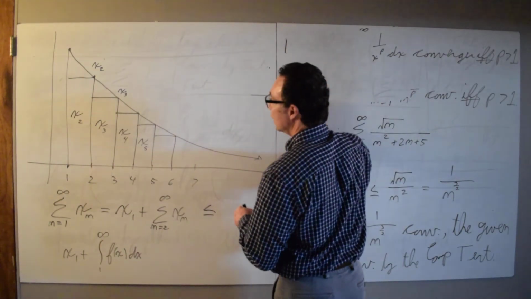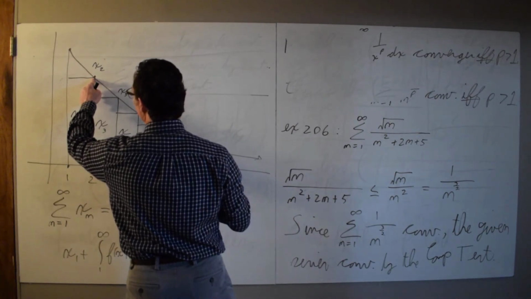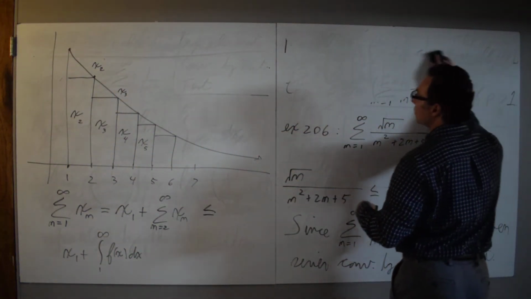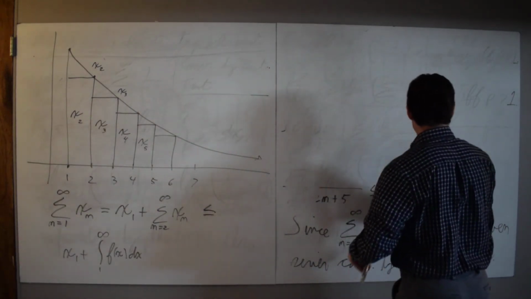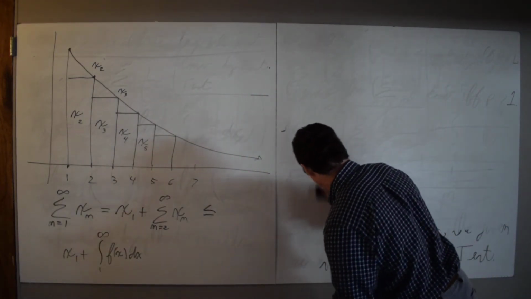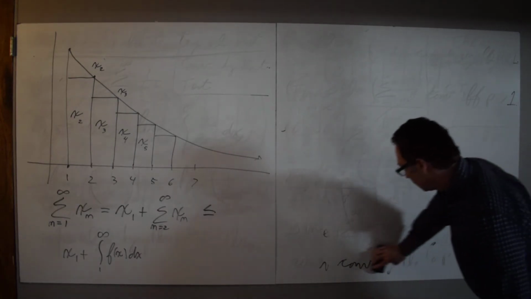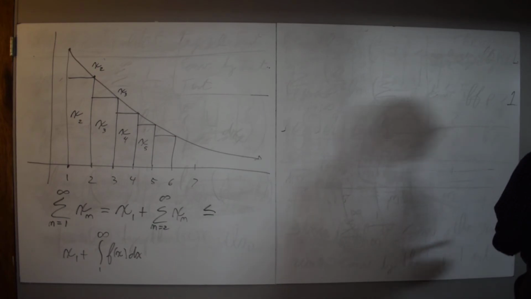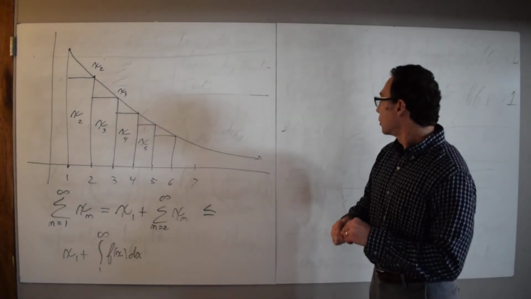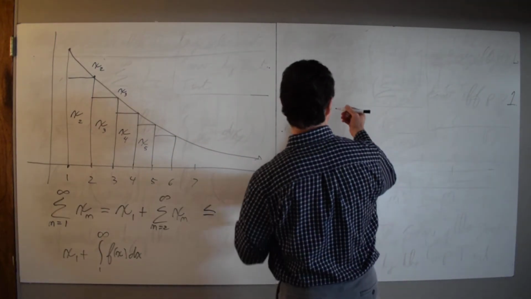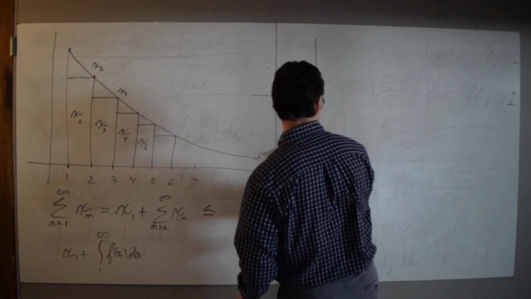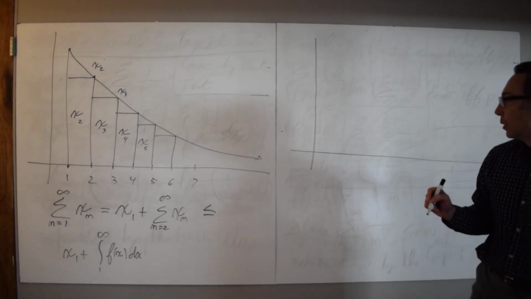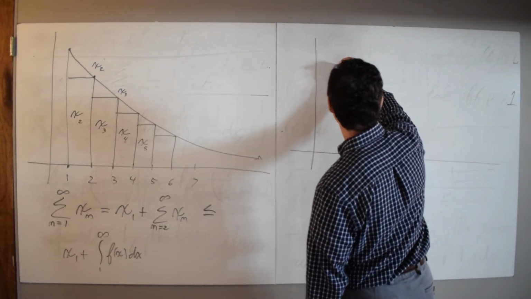Instead of taking these corners, the right corners for the height, we'll take the left corners for the height. And so for the other direction of the proof, we use the same picture, essentially, we just label it a little bit differently.